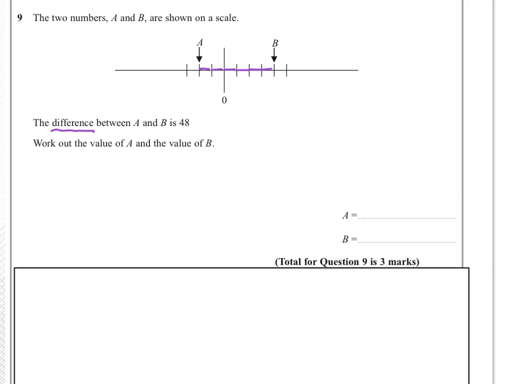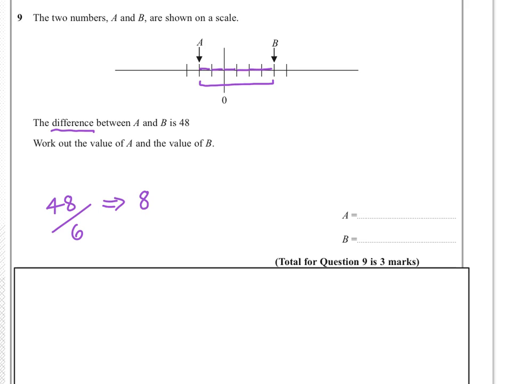Now this is a calculator paper, so the difference between them, which is 48, that large chunk that I've just drawn in, is worth 48, and it's split up into 6 equal pieces. So if you use your calculator, or if you know 48 divided by 6 is 8, then that's really good.